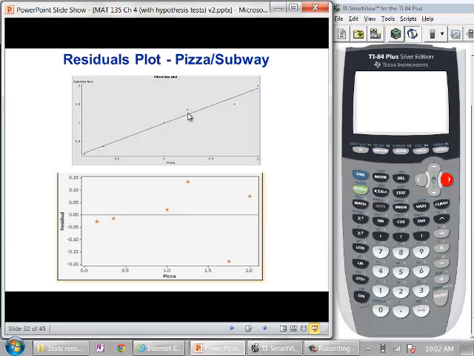For this point, the data point was even further above the line, which means the residual is positive and larger. So here it's further above 0 than it was for this one. And notice all the ones where the point was below the line are negative values.